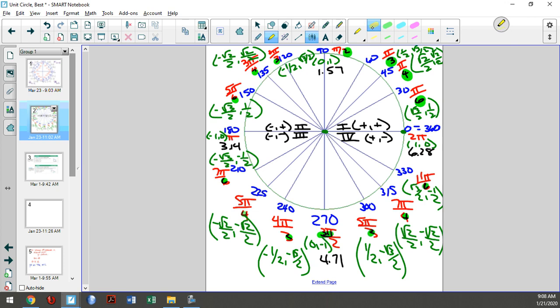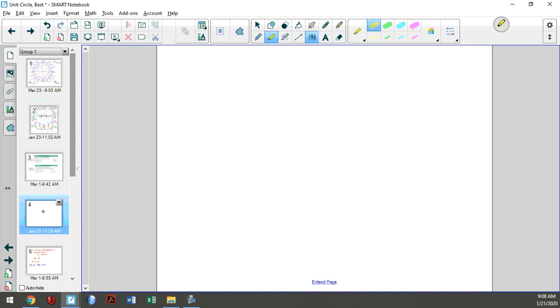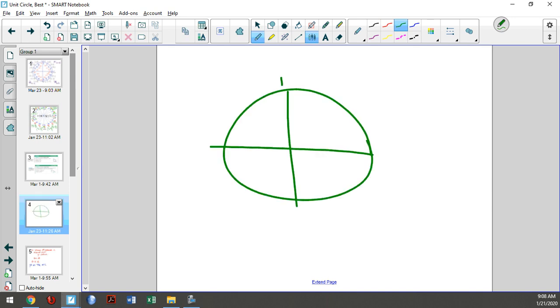Another easy way to remember your points, your x and y coordinates. Can you picture the hands of a clock? This is 12, 1, 2, 3. Would you agree?